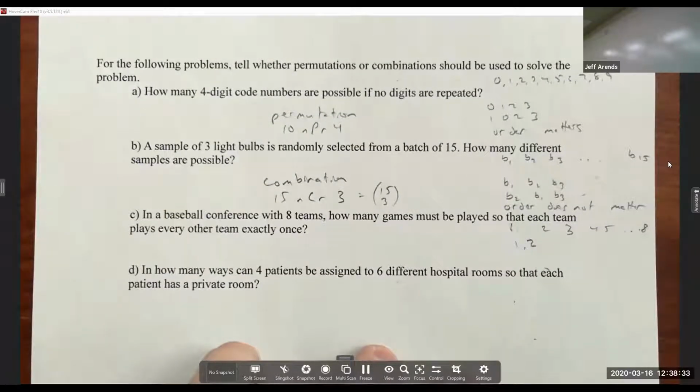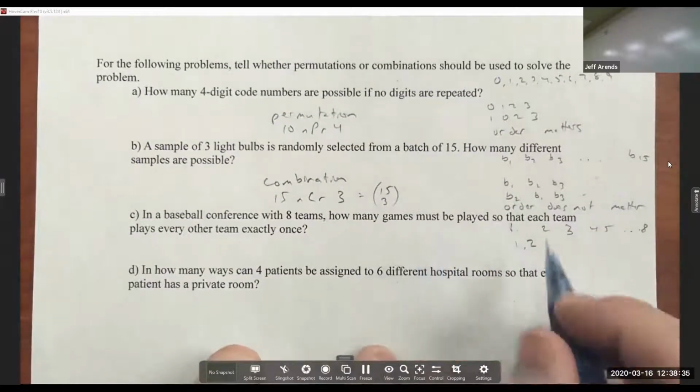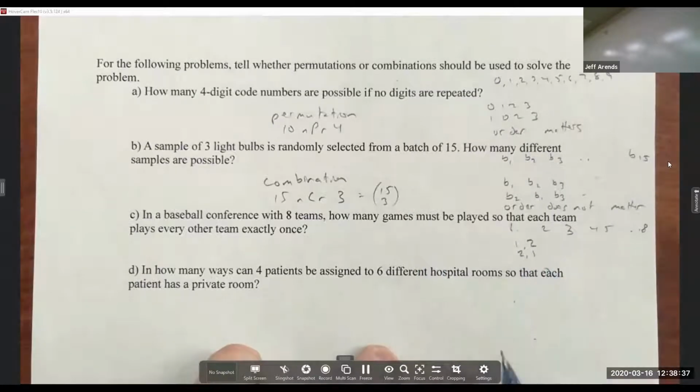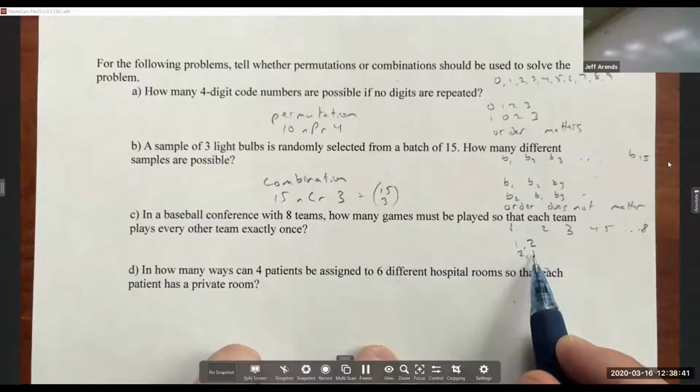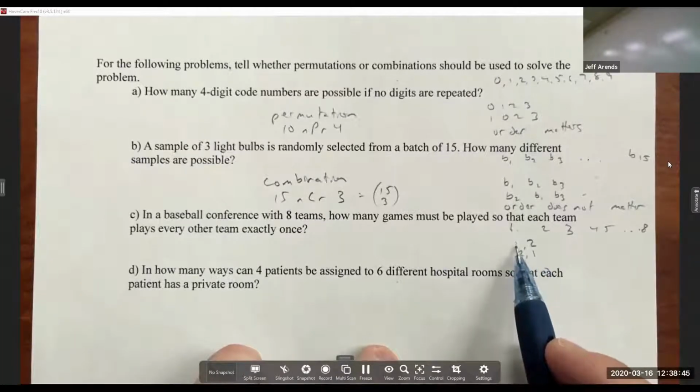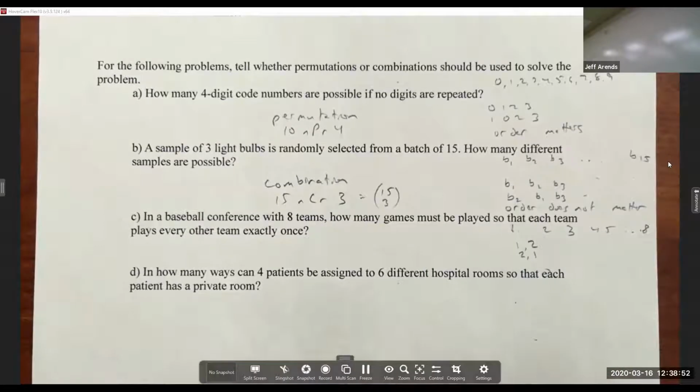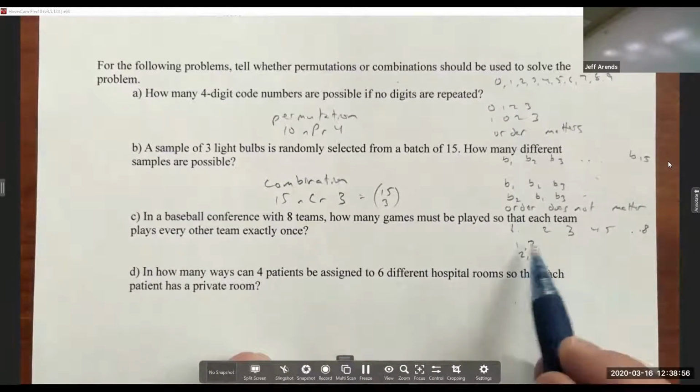To address whether or not order matters here, we'd be asking, does it matter if it's teams 1 and 2 or teams 2 and 1? Would we count that as two separate games? Maybe 1 and 2 would imply that 1 has the home field advantage, and 2 and 1 would imply 2 has the home field advantage. So you could make an argument that in some situations you might count these separately.